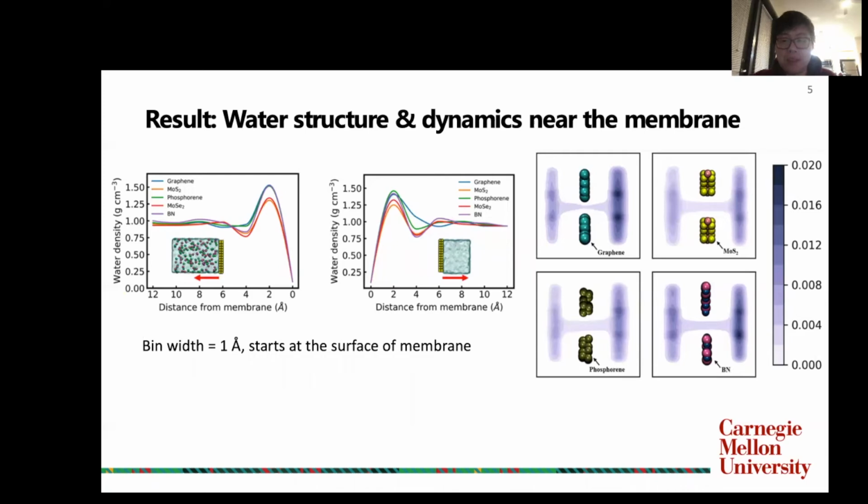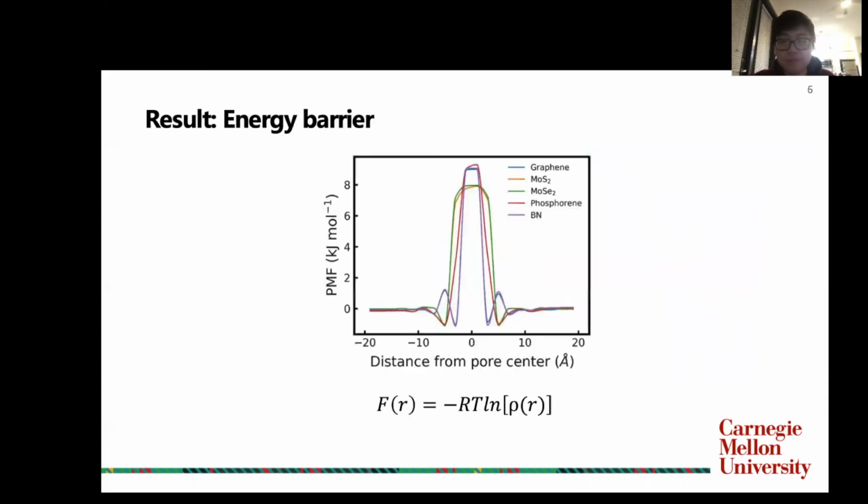In the KDE plot, higher color intensity represents denser water packing. The KDE plot shows a less dense accumulation of water molecules near the MoS2 membrane. Because the static pressure scales with the density, the water back pressure is lower for the MoS2 membrane, enabling a facile permeation of water molecules through the pore.